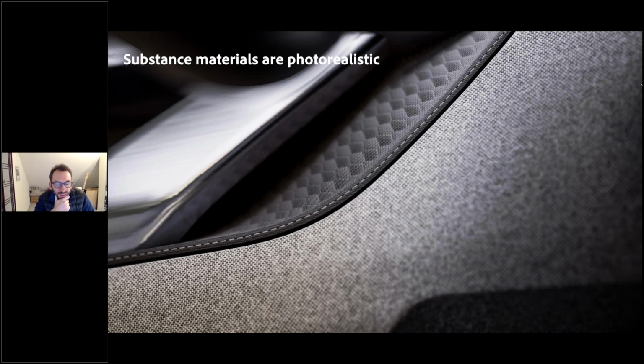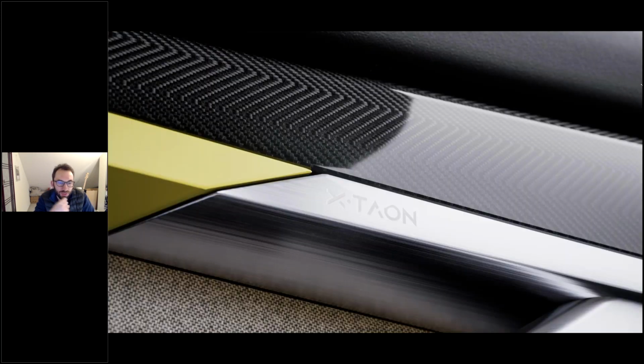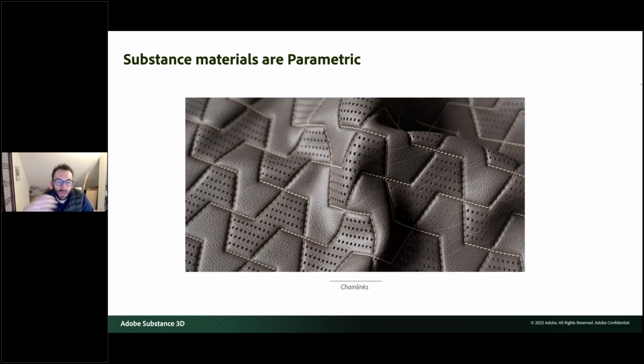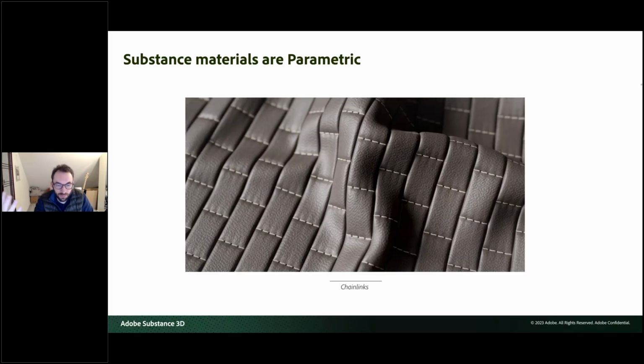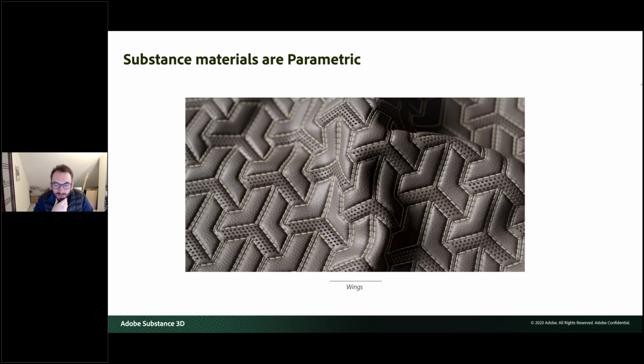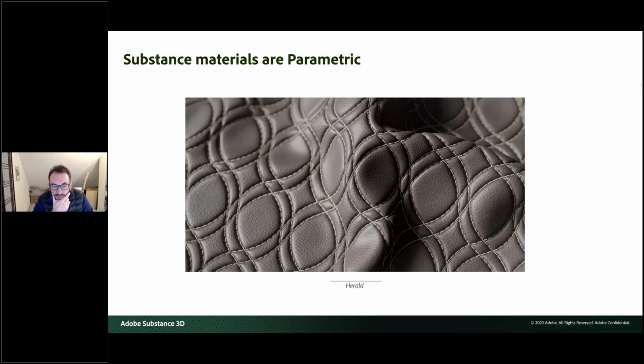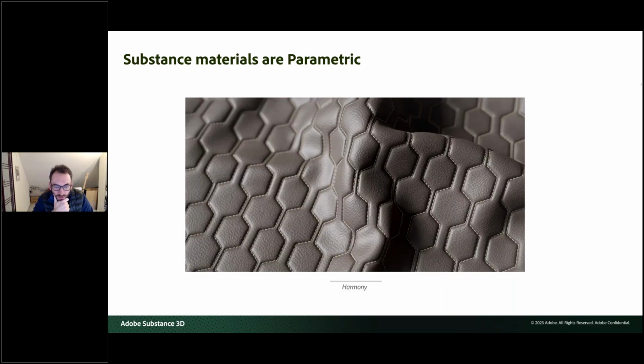Every image that you will see in this presentation is not a picture, not done with a camera taking a picture of an existing object or model. They are 3D renders. So when it comes to carbon fibers, to leather, to any kind of material you can find in interior and exterior, it's something that can be achieved with Substance.